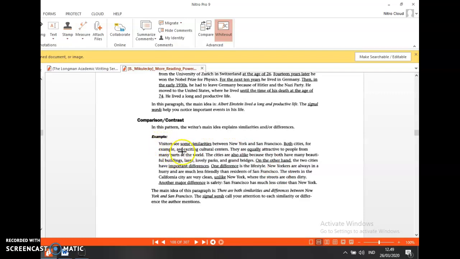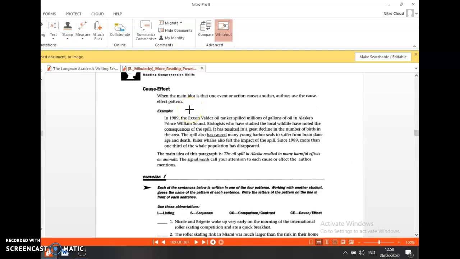Look at here. Visitors see some similarities between New York and San Francisco. Both cities are also alike. On the other hand, important differences, one difference, unlike, another major difference. In this paragraph, both and alike mean similarity, while on the other hand, difference, unlike, and major difference show the difference. Based on these signal words, we can say that this paragraph compares and also contrasts the ideas.